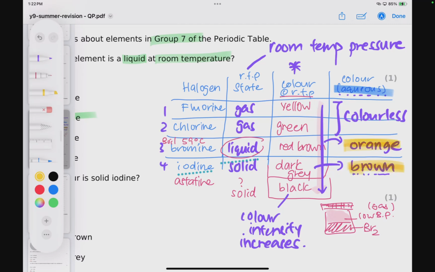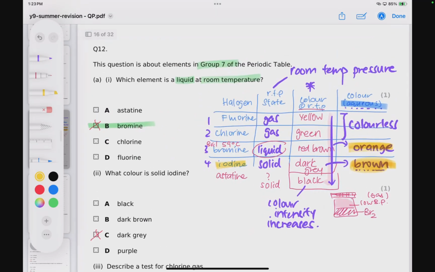The reason I tell the story of iodine is to help you remember, because as human beings, we associate better when there's a story or when we have seen or experienced something. If you have experienced iodine being used as an antiseptic for your wound, you would remember this brown. Also, you would have seen iodine in biology, when you're doing your starch test, is that right? Okay, next one, let's move on.